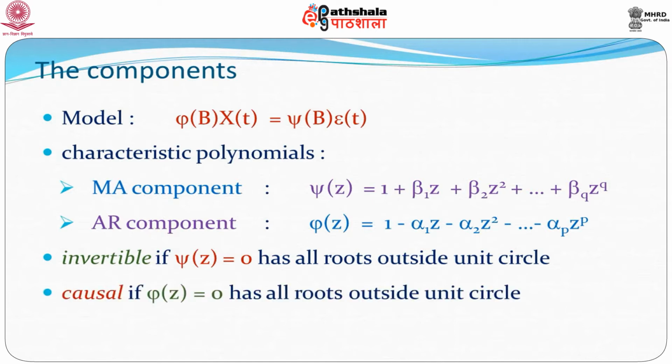Similarly, we will say that the process is causal if phi(z) equal to 0 has all roots outside the unit circle. Again, phi(z) is the AR component characteristic polynomial part, and remember that the AR model is causal if its characteristic polynomial has roots outside the unit circle. So, again this translates to the ARMA model as well.